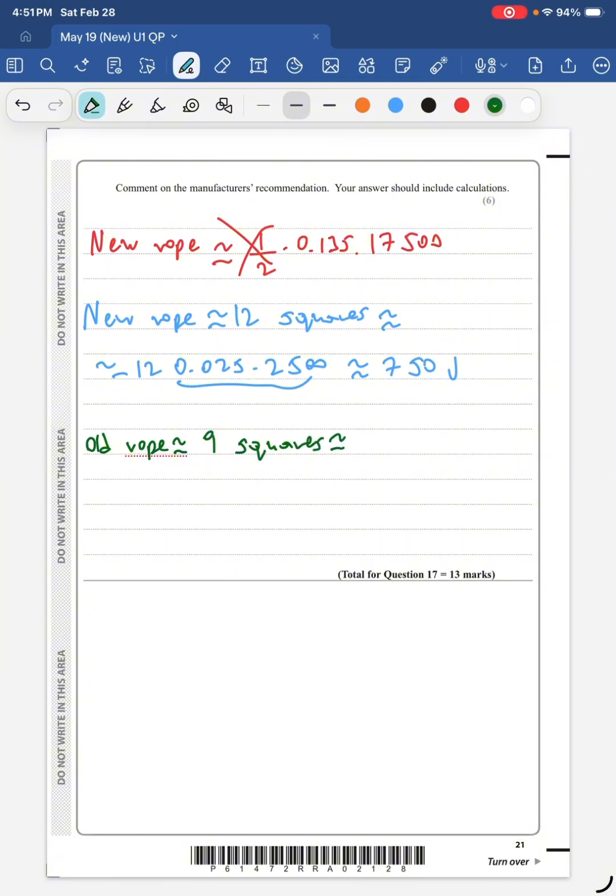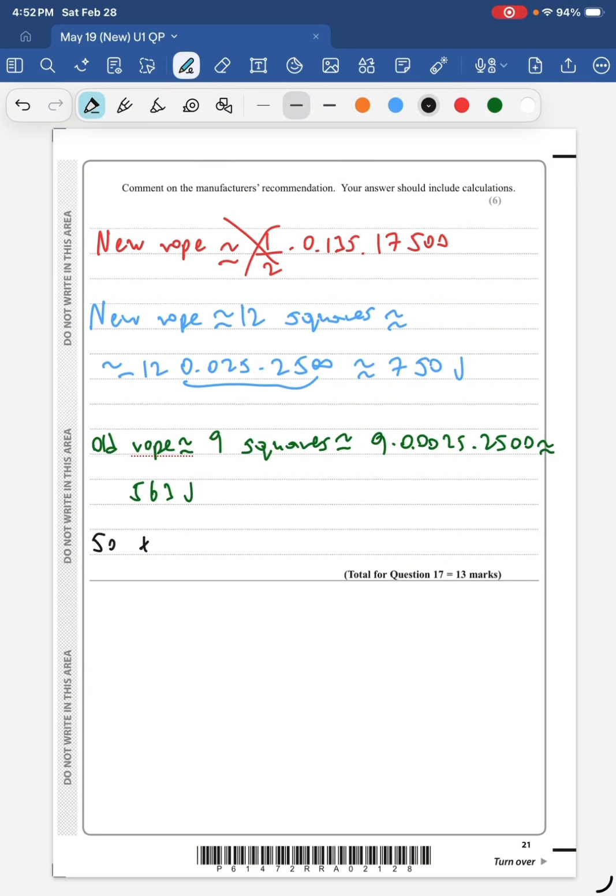So 9 times 0.025 times 2,500 yields 763 joules. So the old rope absorbs less energy.